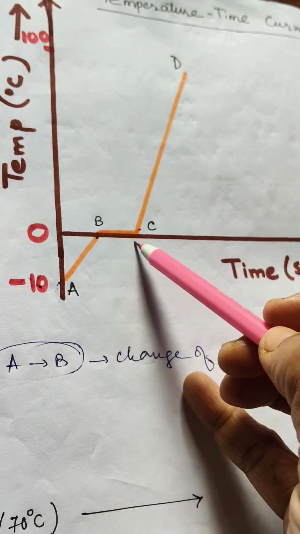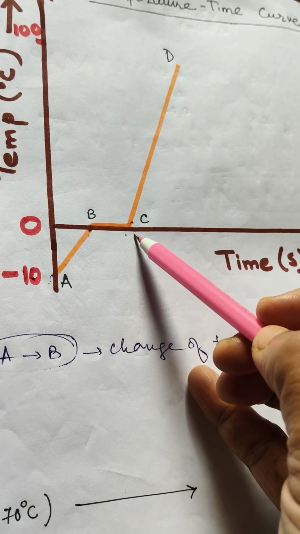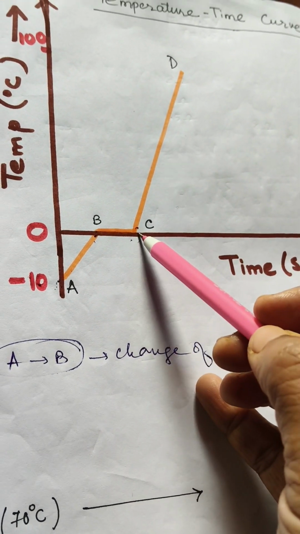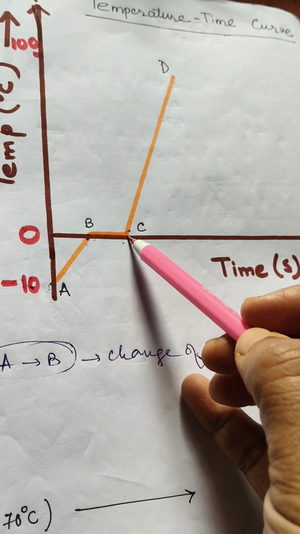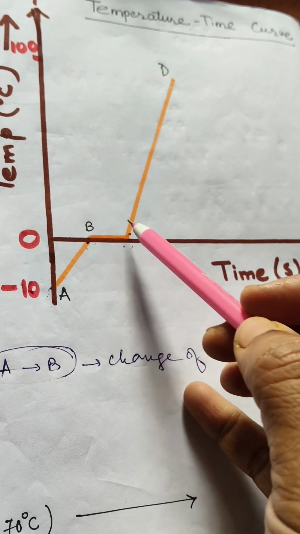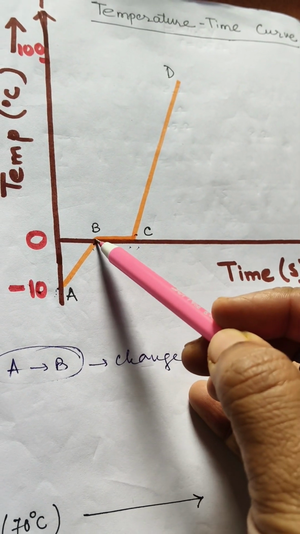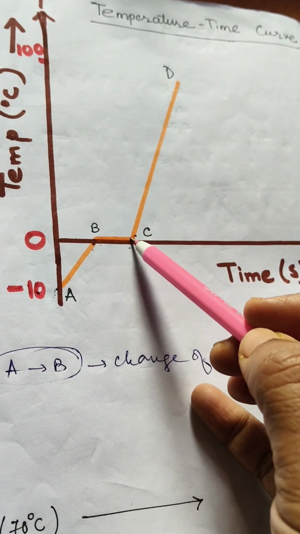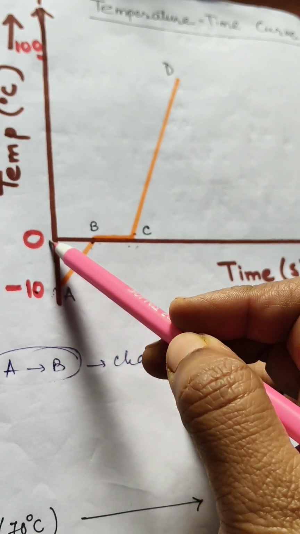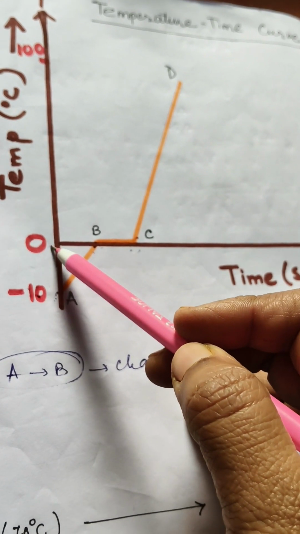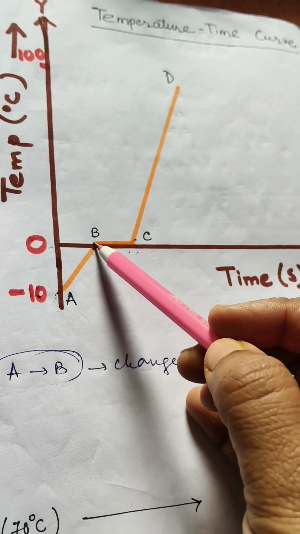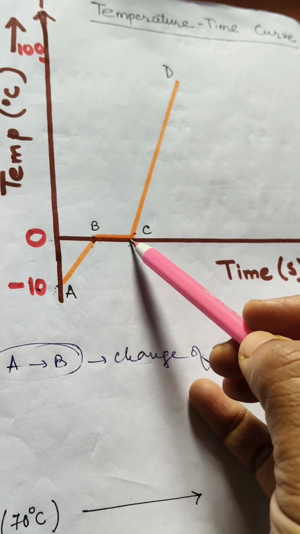Then from B to C, B, C. Now this part signifies a condition when there is no change of temperature. See, point B also signifies 0 degrees, point C also signifies 0 degrees. What does that mean? It means 0 degree ice gets converted to 0 degree water.